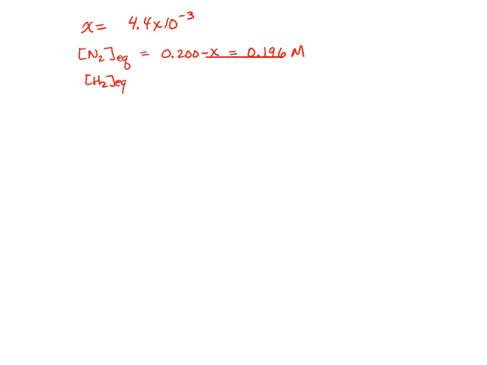For the equilibrium concentration of hydrogen, we had 0.2 minus 3x, is 0.187 molar. And our equilibrium concentration of ammonia was 2x, or 0.009 molar if we assume that we're doing all of these to the thousandths place.